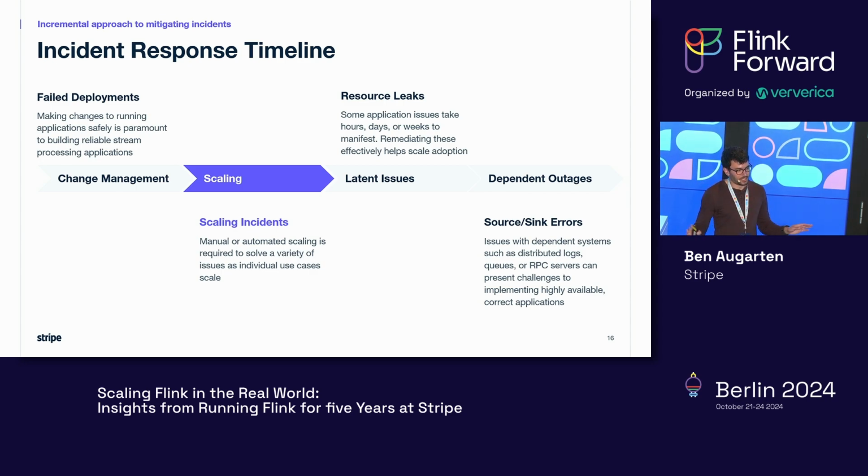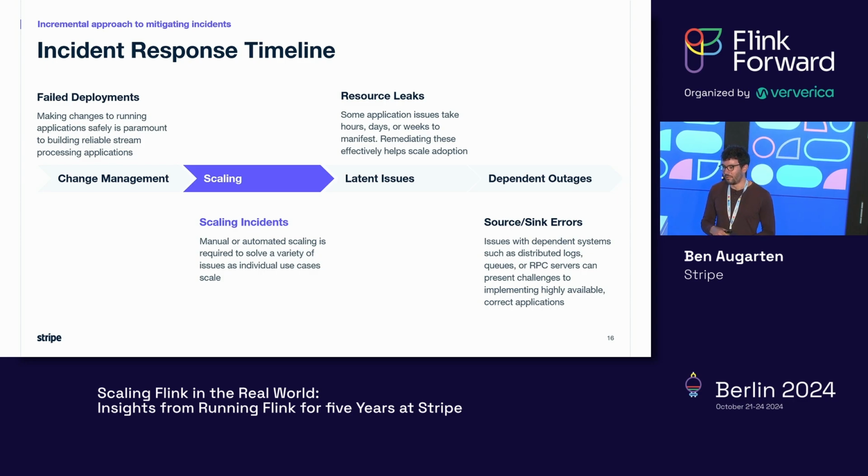I'm not going to dig deep into scaling today because scaling is kind of intuitive. There's an autoscaler in the Kubernetes operator that I'd recommend you use. But I would definitely recommend thinking through how you respond to scaling incidents. Think about the time to remediate the scaling incidents, and then think about your users' SLOs, and make sure that you can actually respond to a scaling incident while meeting those SLOs.